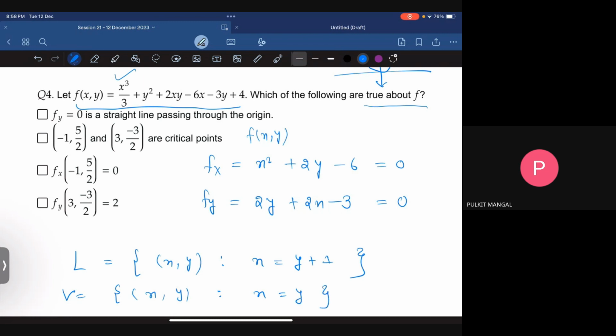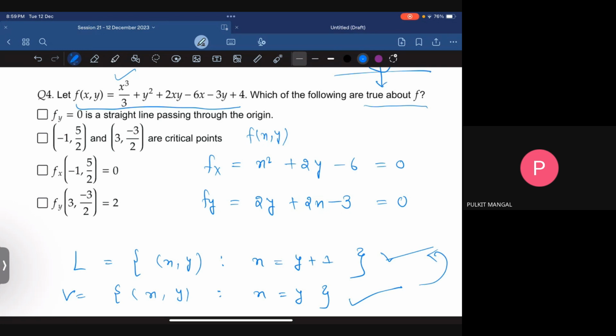We have stated that this is my vector space, while the first one is not. The first one is an affine space, a translation by the vector 0 comma 1.